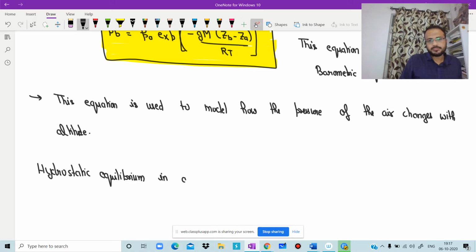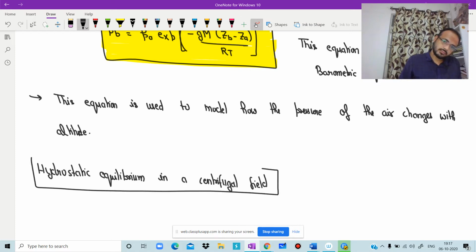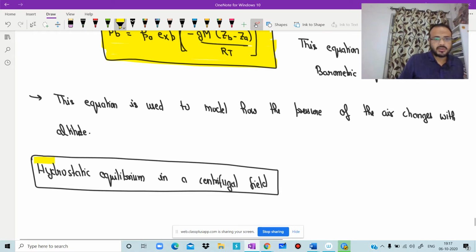Hydrostatic equilibrium in a centrifugal field.